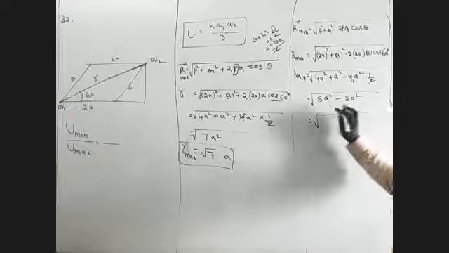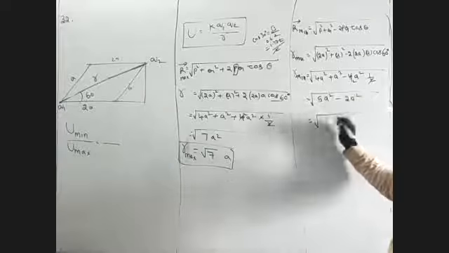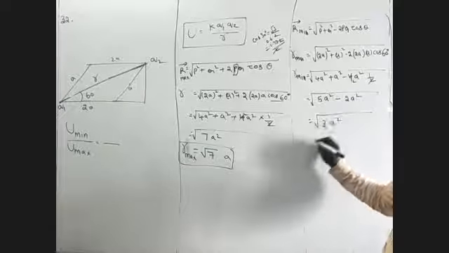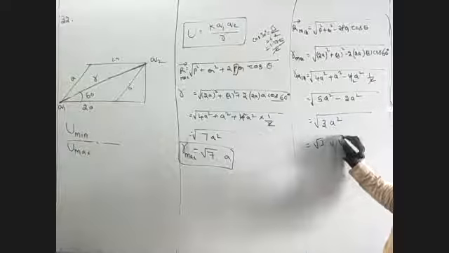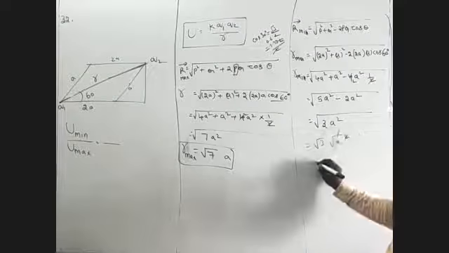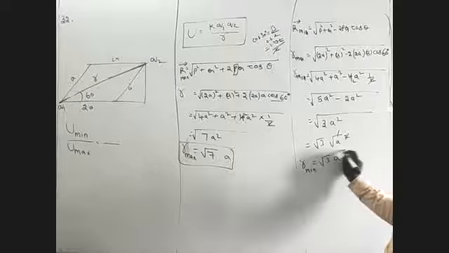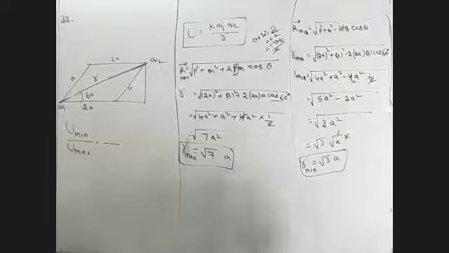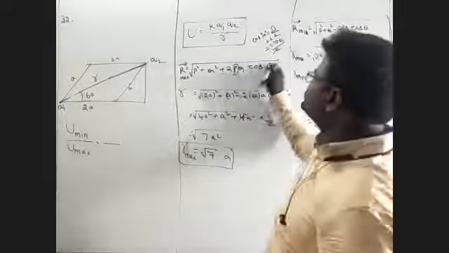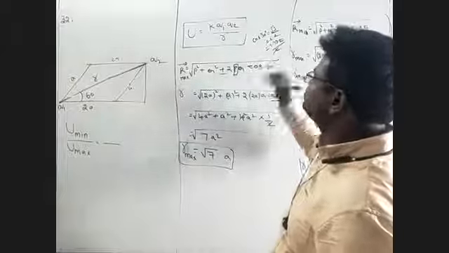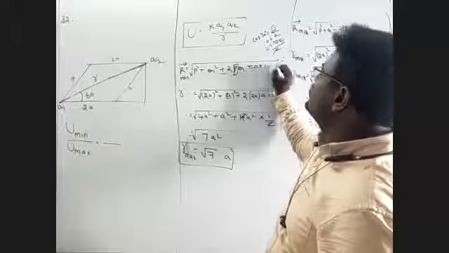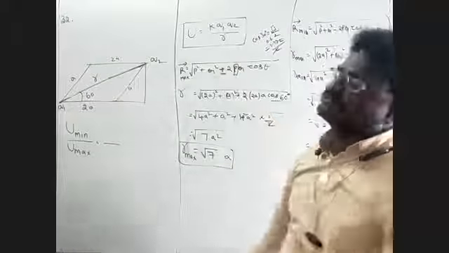That is the root of 5a square minus 2a square, which is the root of 3a square, so root 3 a. This is R minimum. You can take plus or minus cos 60: plus means maximum, minus means minimum.